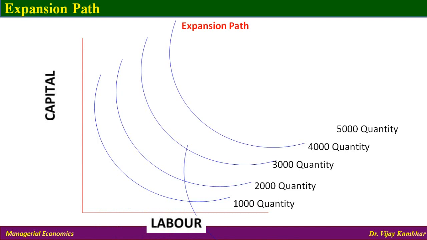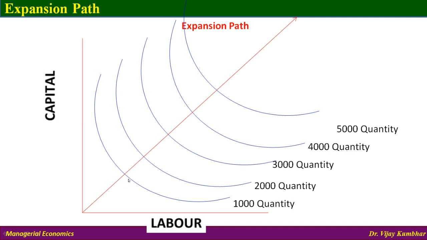Suppose these are the various isoquants based on the input and output of a particular firm, and this is the expansion path, which indicates the optimum combination of labor and capital for the production of a certain quantity. Suppose you want to produce 1000 quantity of production.